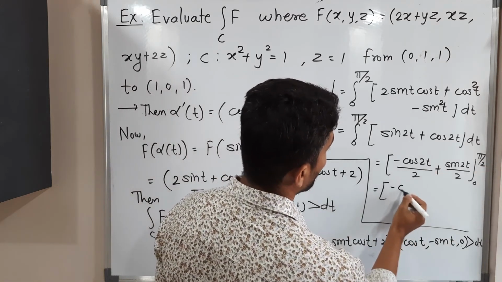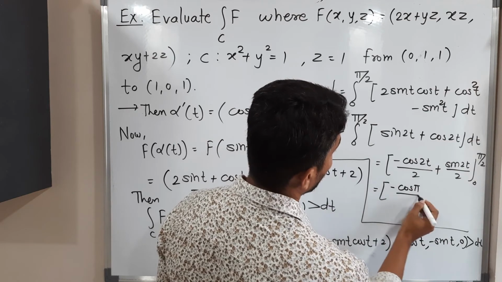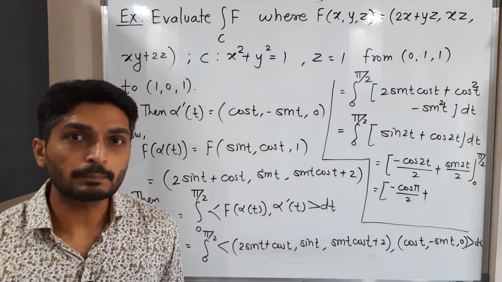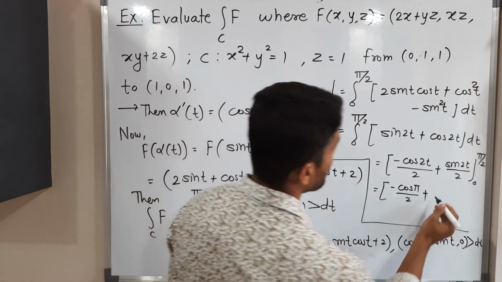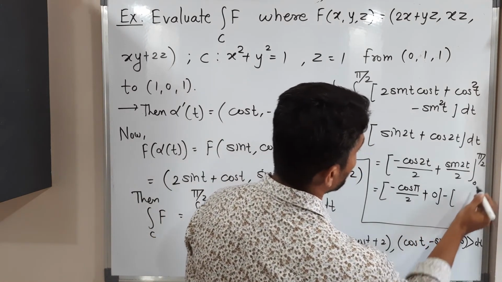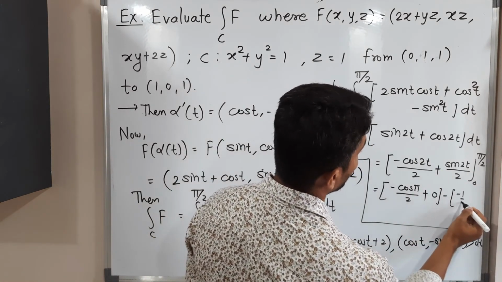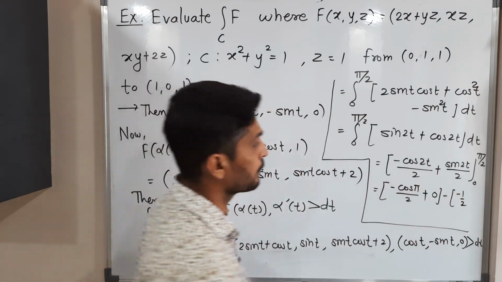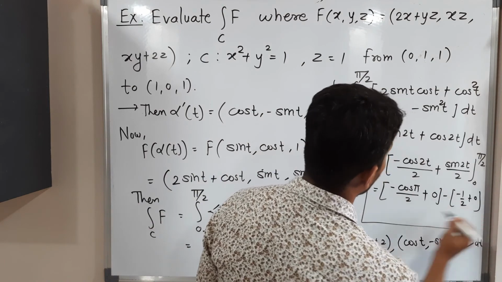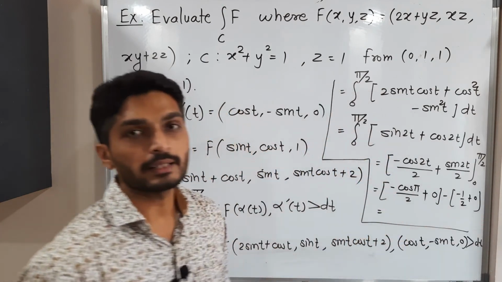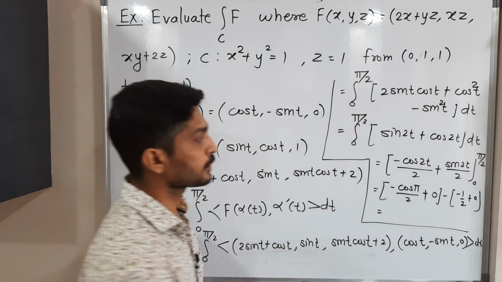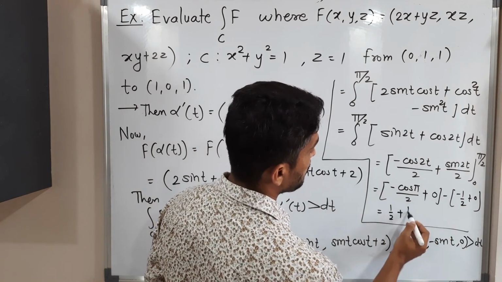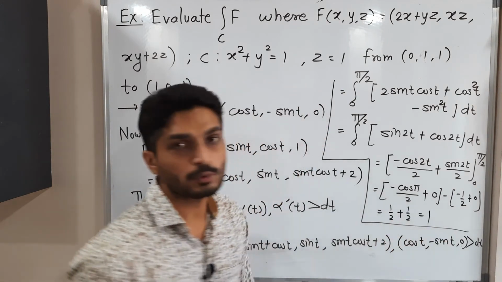Minus 2 will get cancelled, cos pi by 2... if I put here, you know that 2 cancels and sin pi is 0. 0 minus, I am putting 0 here, cos 0 is 1, 1 by 2, and if I put 0 here, sin 0 is 0, you know well. So cos pi is minus 1. Getting cos pi is minus 1, minus minus plus 1 by 2, and we have this minus minus plus 1 by 2. So 1 by 2 plus 1 by 2, 1.